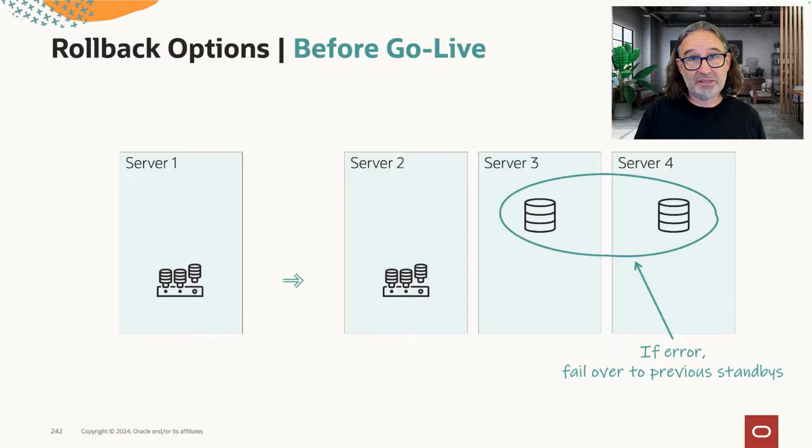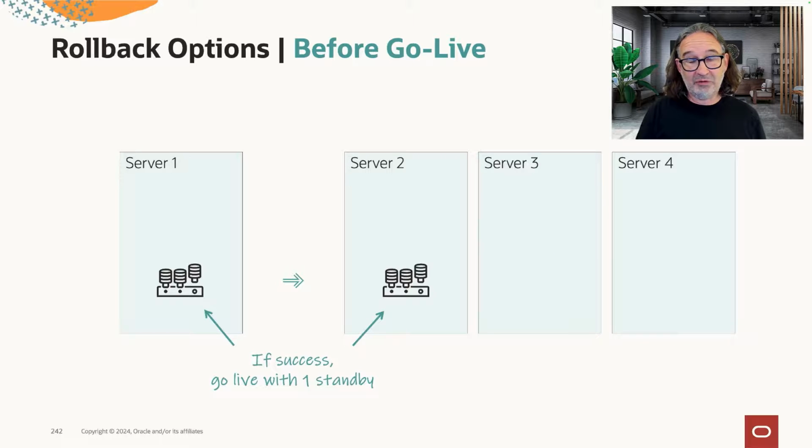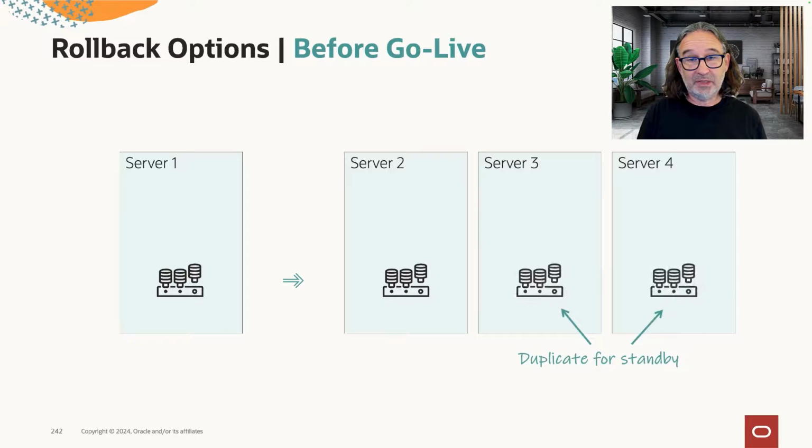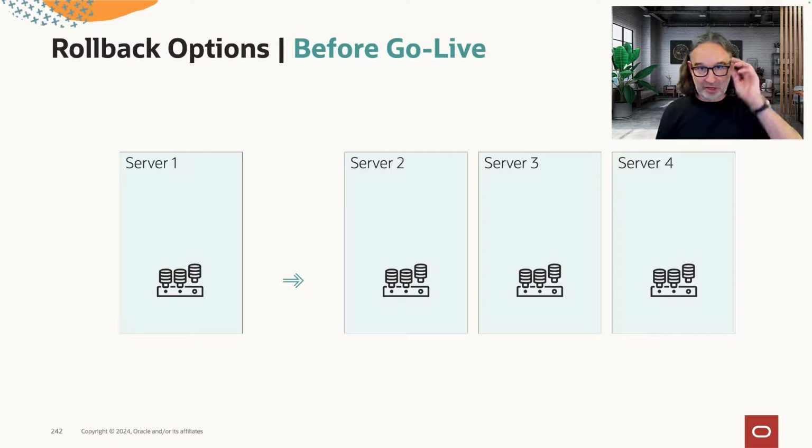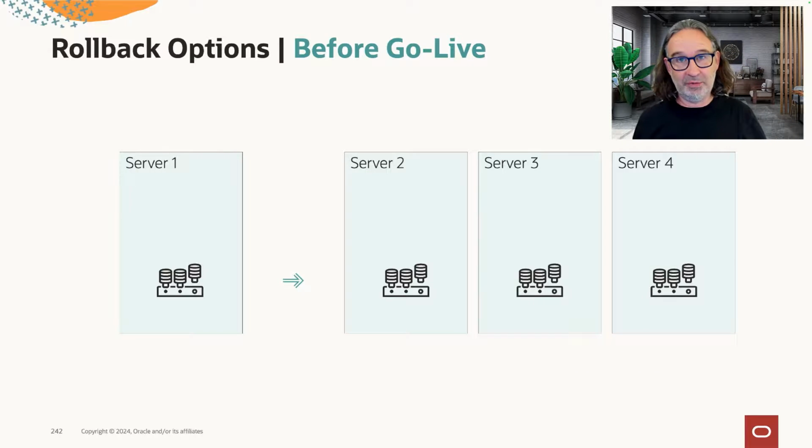But in case of a disaster, if an error happens, we could fail over to the still-kept non-CDB standbys. And if all goes well, which should be the norm, then we rebuild the standbys afterwards on servers 3 and 4 with a DUPLICATE FOR STANDBY, simply with RMAN, because we have one standby already in shape. So this means leave a standby behind.